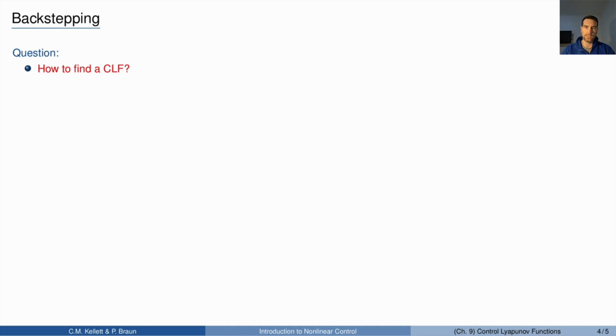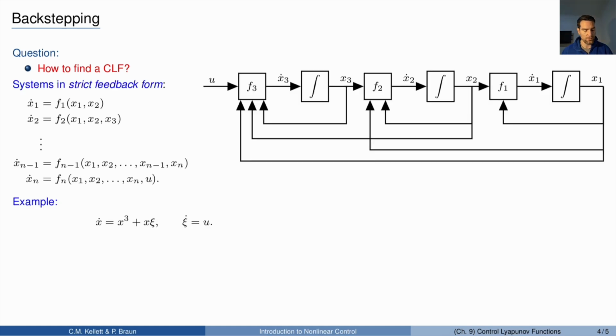Similarly, finding a control Lyapunov function is not straightforward, and only for particular classes of systems there are constructive methods to come up with a control Lyapunov function, at least if we are not satisfied with just local properties which you might get from linearization. Okay, so for which classes of systems is there a constructive method to find control Lyapunov functions? That's the case for so-called systems in strict feedback form, where we can use backstepping.